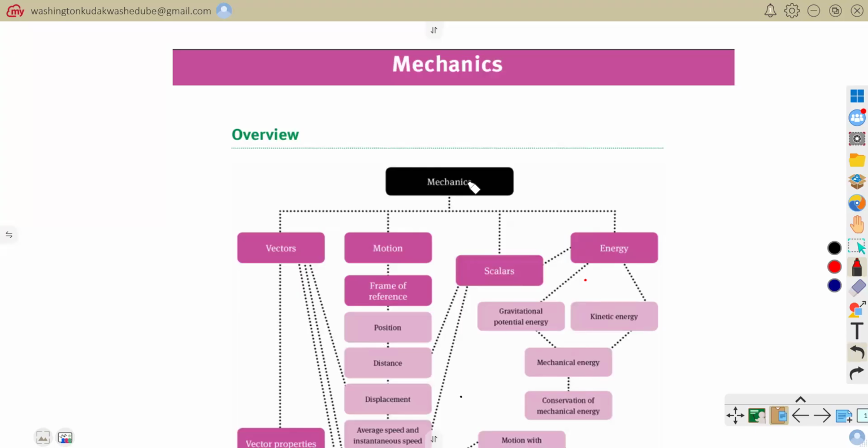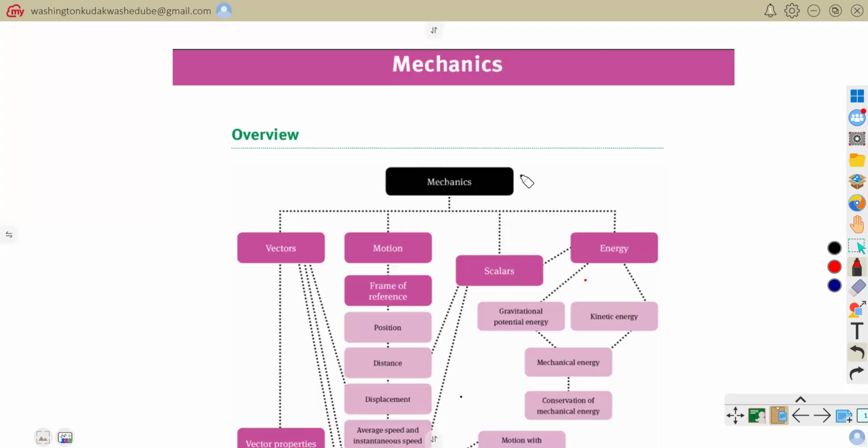Just like your chemistry part, you start from atoms, bonding, and then you later go to quantitative aspects of chemistry, and then types of reactions. Without knowing bonding, atoms, or the basic understanding of elements, you cannot understand acids and bases. You cannot understand the quantitative aspects of chemistry.